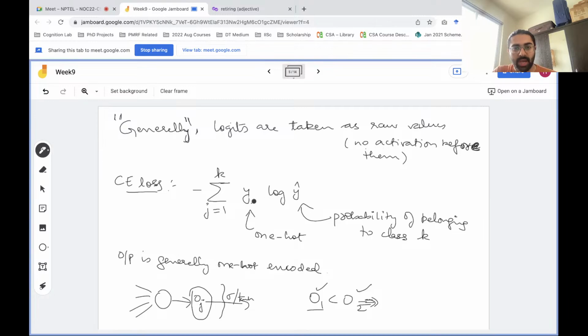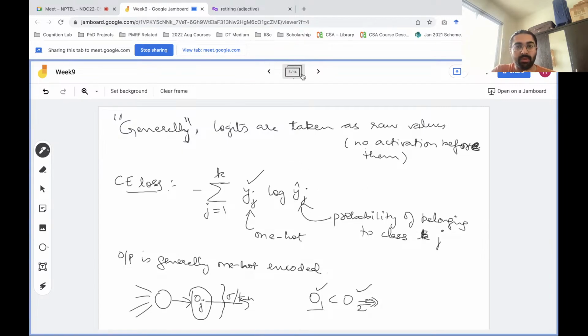So what you say is, for example, the one-hot representation of the class, and what is the probability of it belonging to this particular class j.